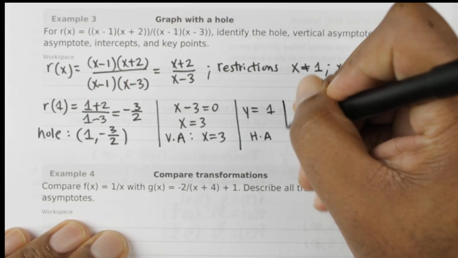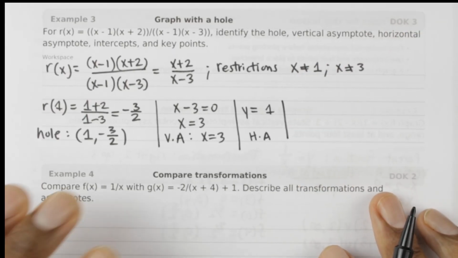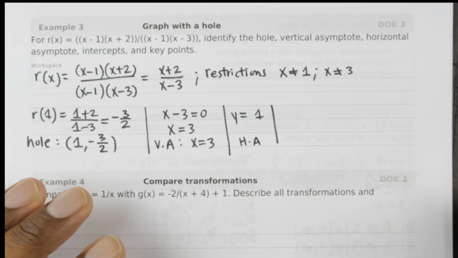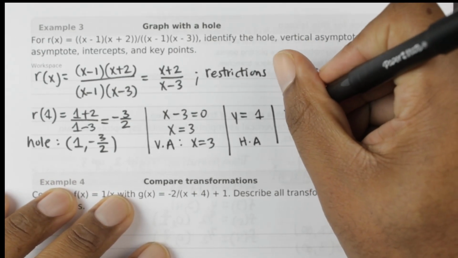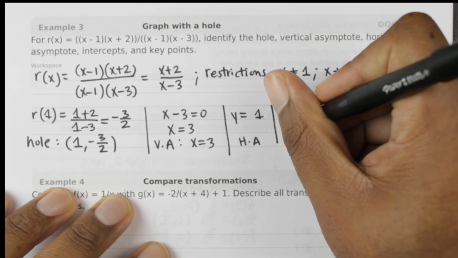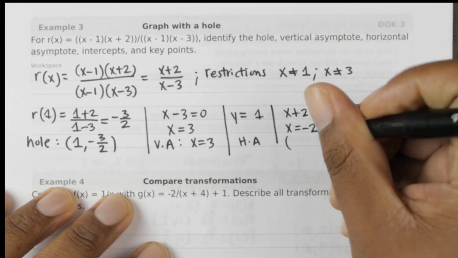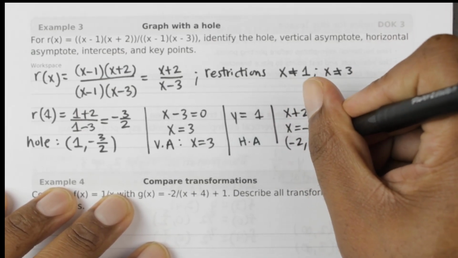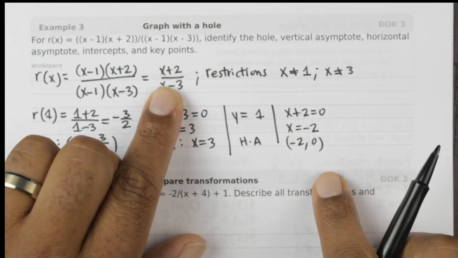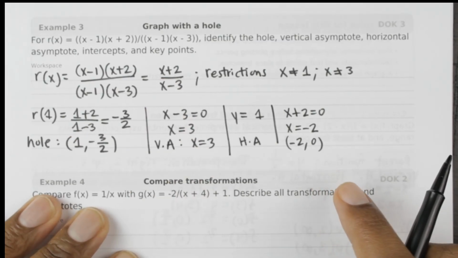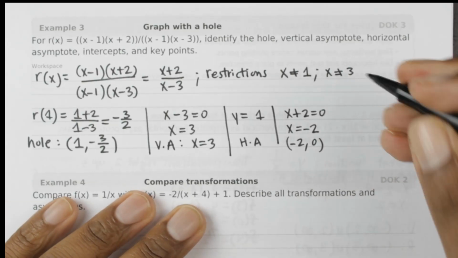Now, let's find the x-intercept. So for the x-intercept, x plus 2 equals 0, which is x equals -2, or (-2, 0), right? Then the y-intercept.